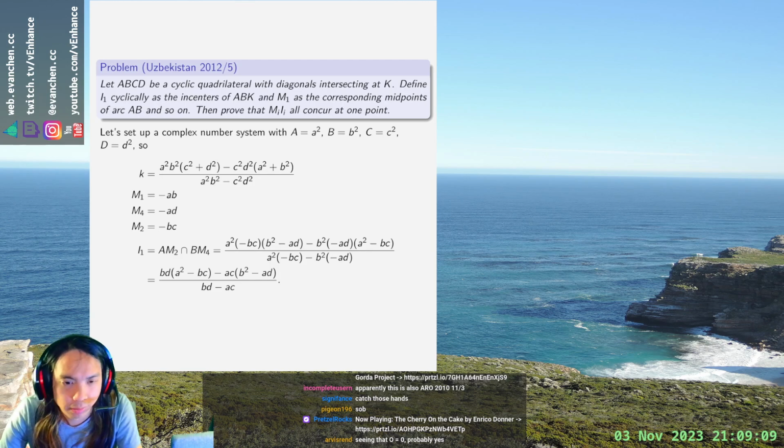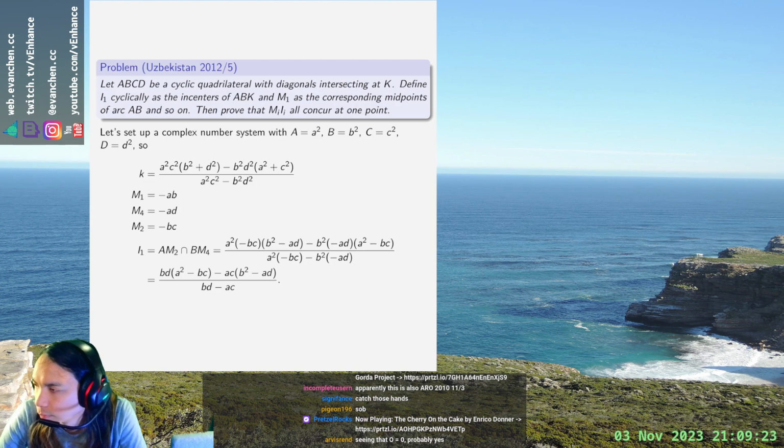The equation for K is wrong. It's AC, BD. I computed the wrong intersection. Yeah, because I was looking at that. When you look at this, the denominator is going to factor. That's why I think none of the squares are mattering right now.